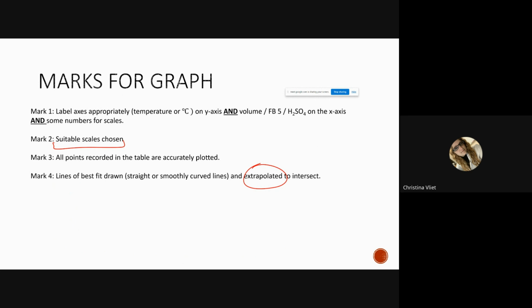What that means really is that it's either 18.0 or 18.5 or 19.0. If you said 19.1, you lost that mark. So that is the thing. I'm giving you the warning.